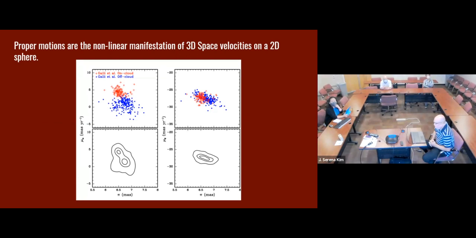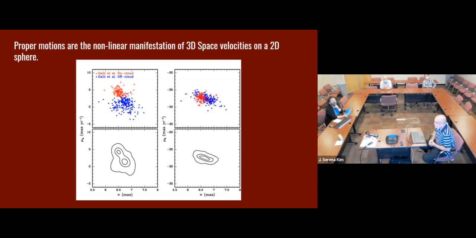So to start off with, a thing that is forgotten a lot of times is that proper motion is not actually linearly related to 3D space velocities. The stars are moving, they're doing their thing in real 3D space. But when we measure proper motions, we're measuring proper motions on a celestial sphere.